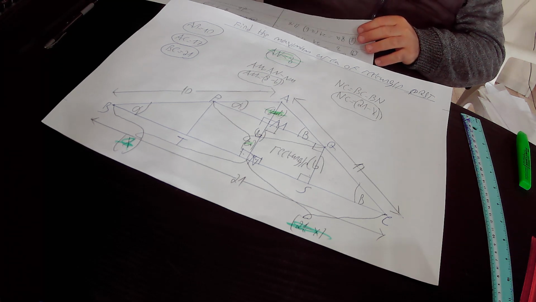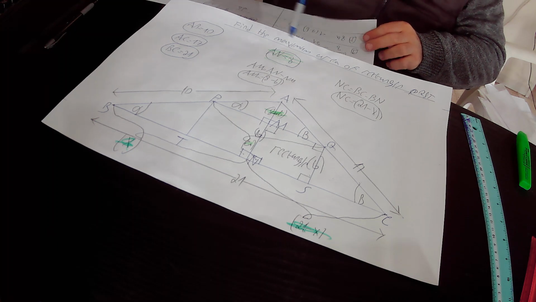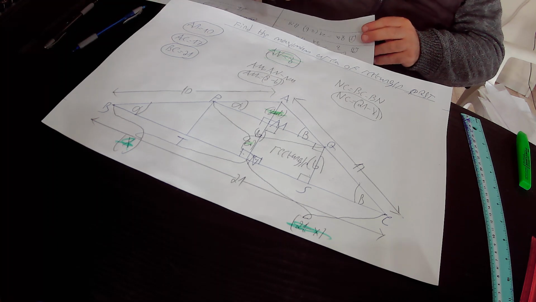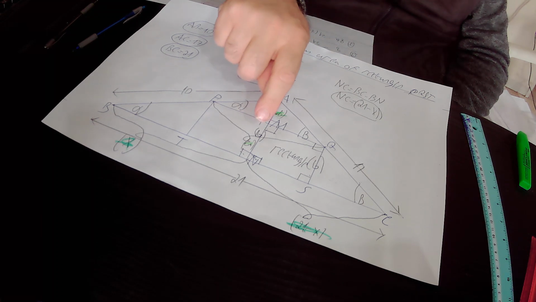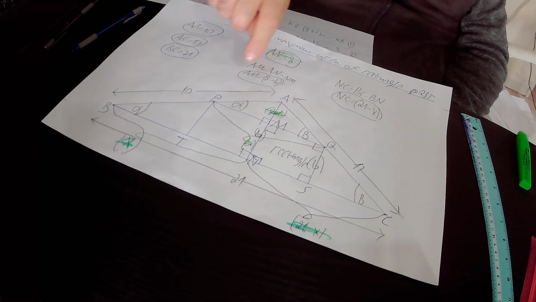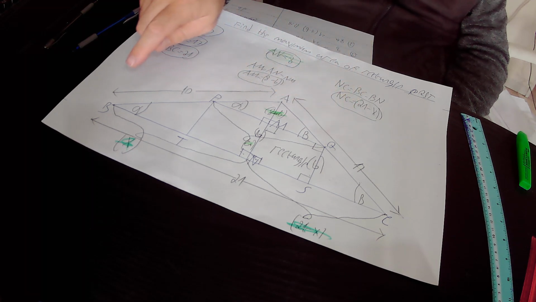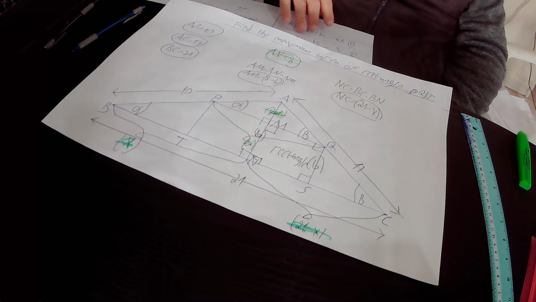And therefore, here in our drawing, it means that the height AM in the small triangle over AN in the big triangle must be equal to side PQ in the small triangle over side BC in the big triangle.